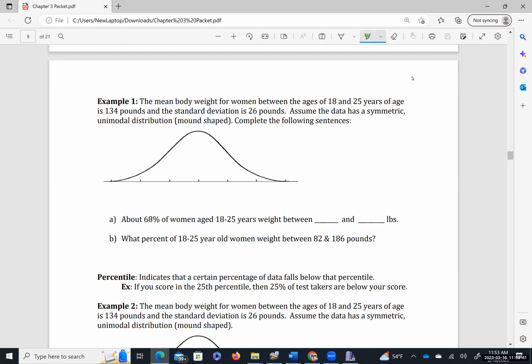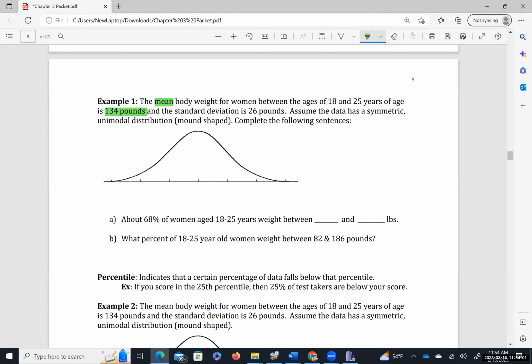So keep in mind that they give us the mean of what? The mean of body weight. So this number is important, which is the mean. 134 pounds is the mean.